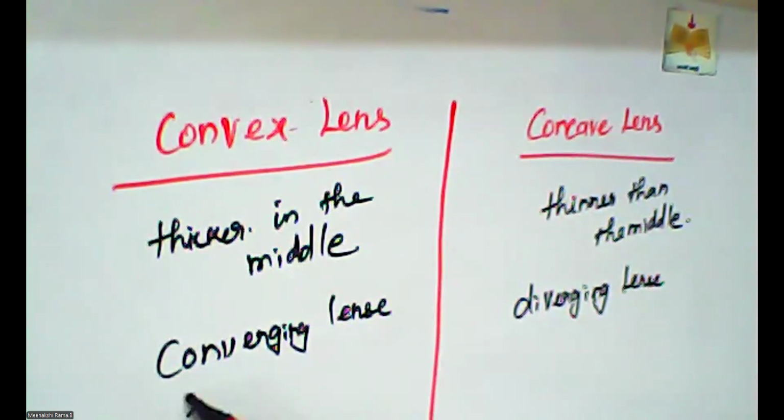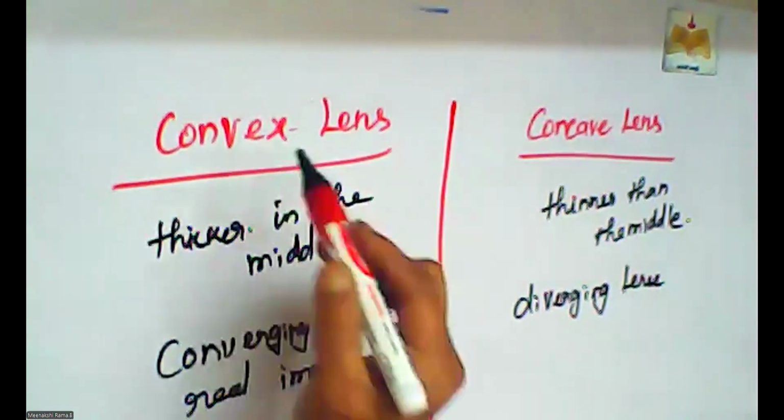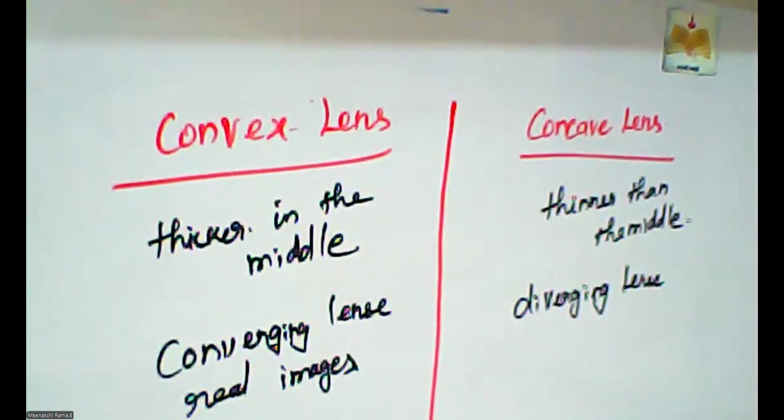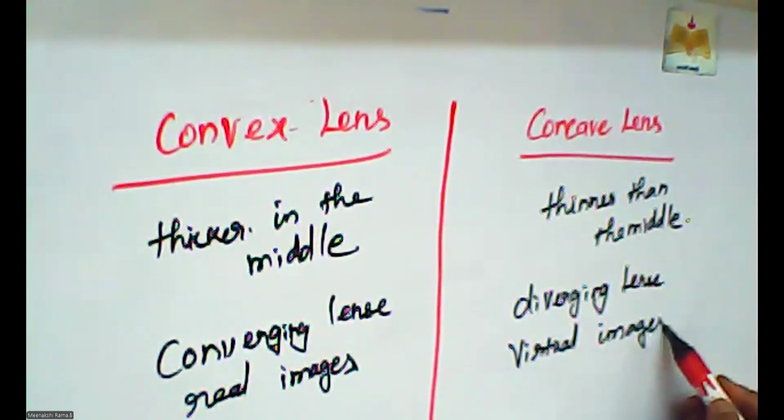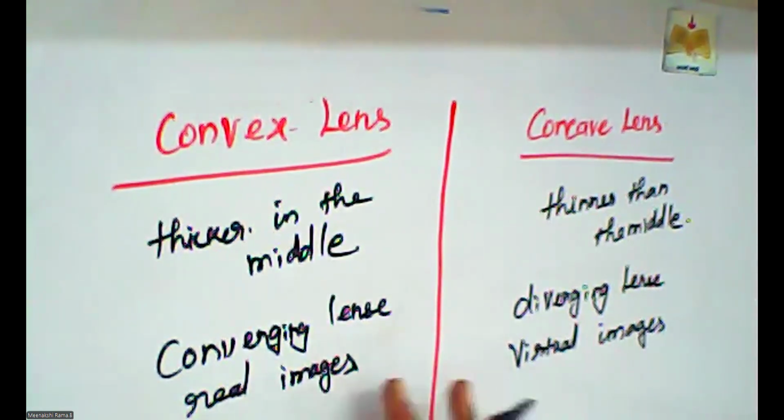A convex lens produces real images. Real images are formed in a convex lens. A concave lens produces virtual images. Virtual images are formed in concave lenses. This is also an important point.